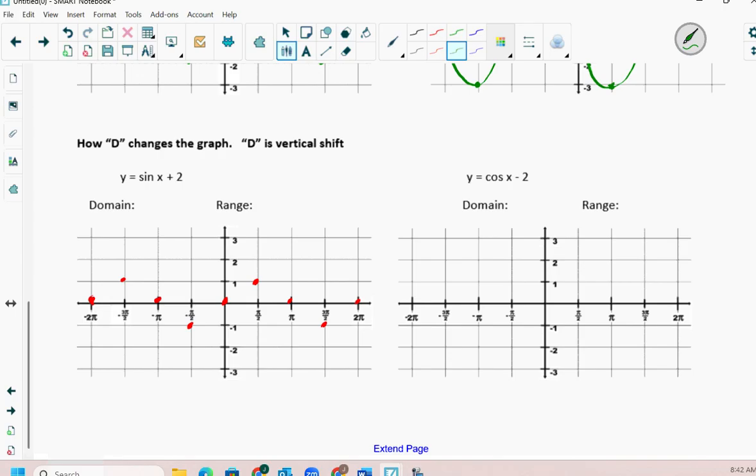And now this time, what does the plus 2 at the end mean? We're just shifting everything up 2. So you're just going to go dot by dot and literally move it, count up 2. And you can count and move every single dot.